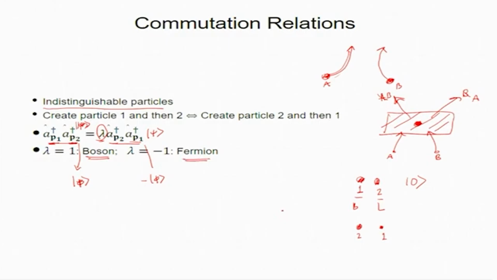Okay. This is a simple formulation to create both these sets of particles, and I think maybe I should stop here and then we can work it out. So bosons I have kind of done right now, okay, I will just recap it in the next lecture, but fermions we can derive from this simple postulate that the number of particles in a given state can be either 0 or 1, it can't be 2 particles.